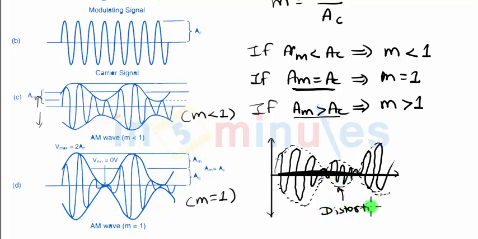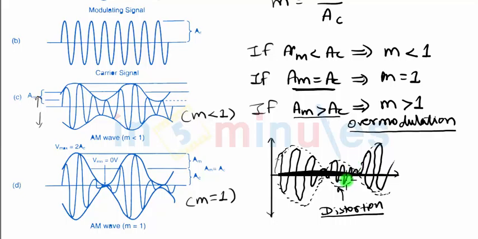Now why do we call it distortion in the signal? That is simply because the signal has run into something called overmodulation. The overmodulation takes place whenever AM is greater than AC, and in that case the value of modulation index will be greater than 1. Now what is the problem if the signal is overmodulated, and why do we call it a distortion?